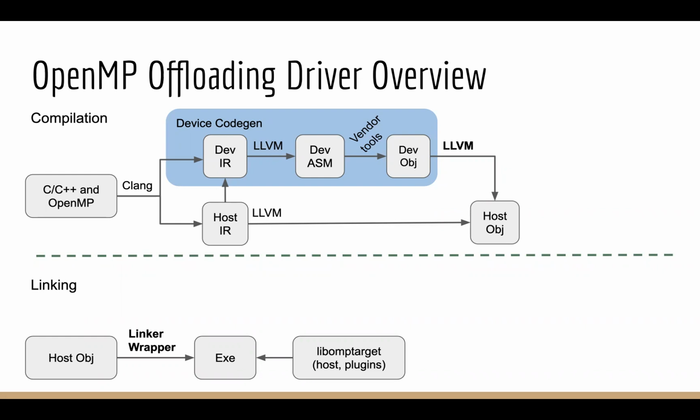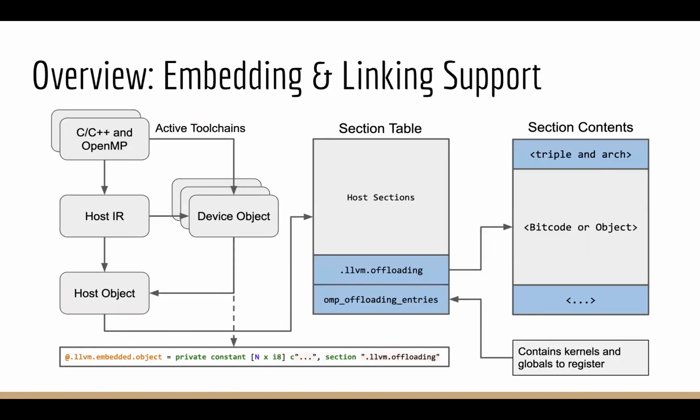Now, where this really breaks from how we used to do things is that we use a single offloading linker, which we call the linker wrapper, which basically pre-processes all of these host objects that can contain device code and sees individually, oh, does this have some code that I need to link for the device? And if it does, then it performs the appropriate device linking action and then will embed it so that libOMP target can access it.